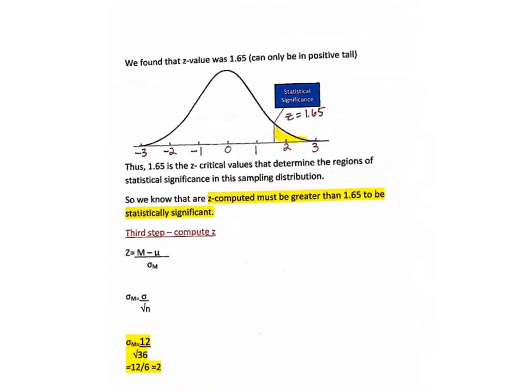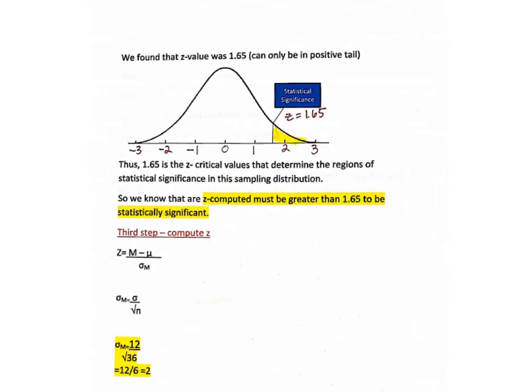So we're going to go back here and make our drawing. What we found was that the Z value was equal to 1.65, and it can only be in the positive tail. So we have 1.65 in the positive tail, and anything that falls above 1.65 would be statistically significant.